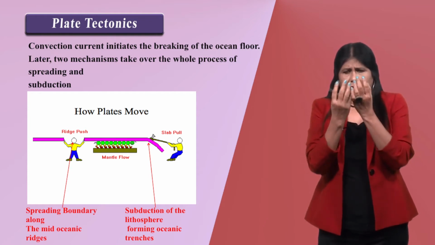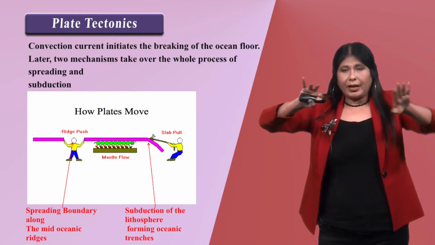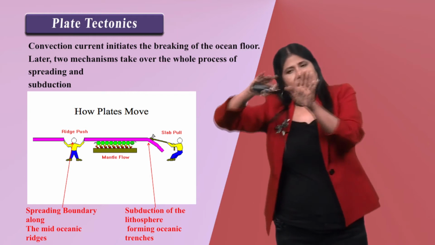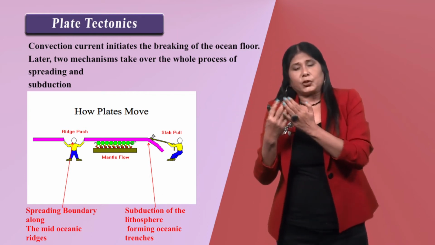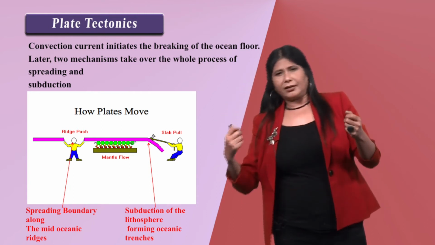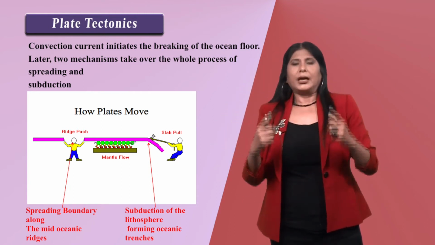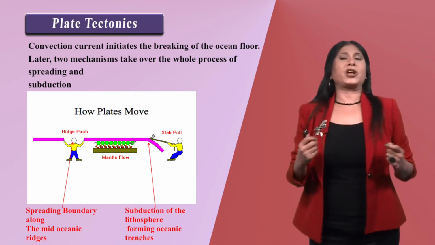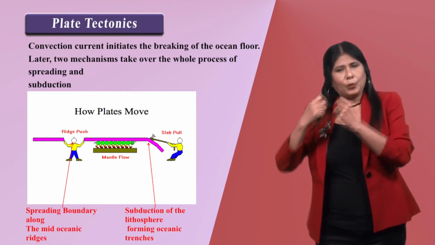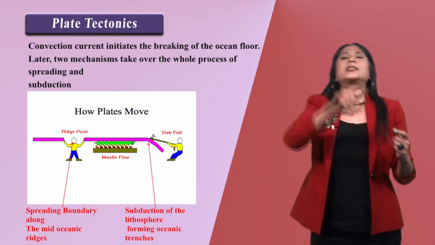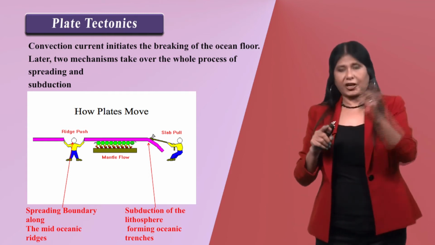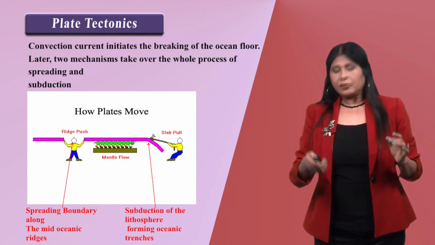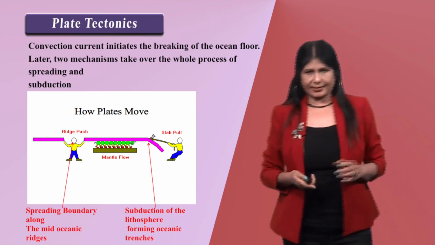That is going to push the slab, and as it starts subducting, the weight of the slab itself becomes so heavy that it is pulling. So ridge push at the oceanic center and slab pull at the subduction zone is a mechanism that soon follows this convection. Together they form the driving mechanism of plates.